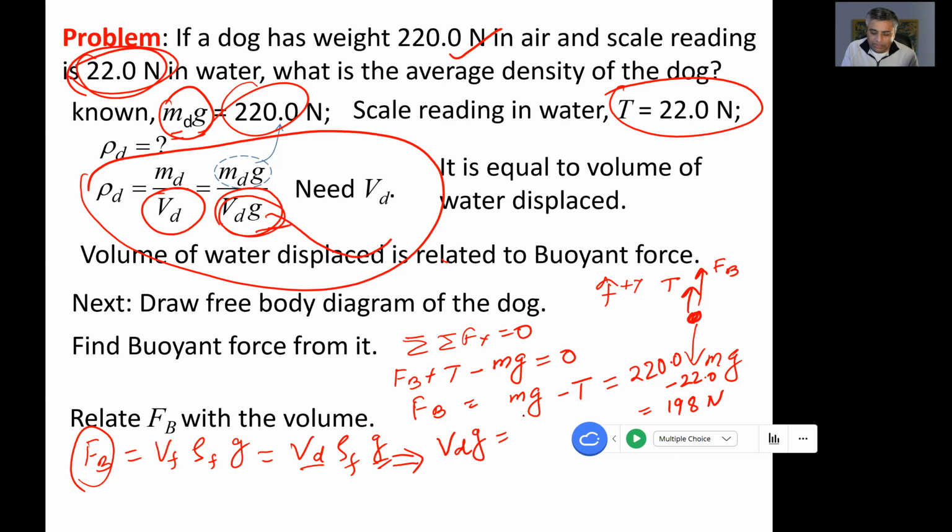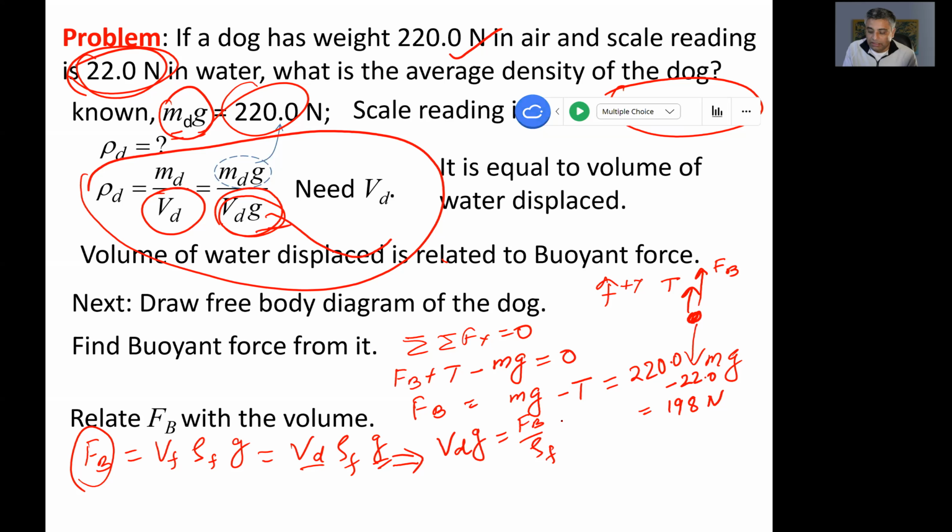So that means it's going to be buoyant force divided by density of fluid. And what is buoyant force? 198 Newton. And what is density of fluid? 1000. Now this thing looks like it's going to be 0.198.